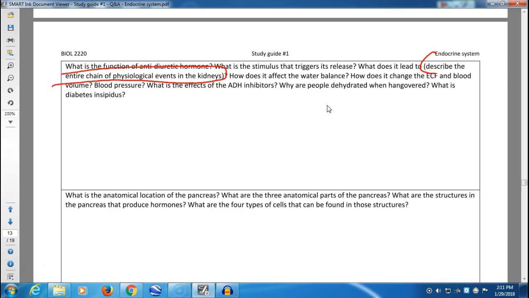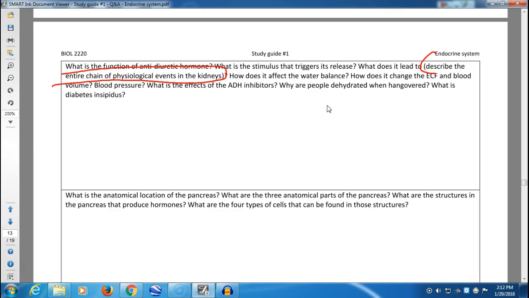The walls of these collecting ducts consist of epithelial cells. When ADH increases, those epithelial cells get way more aquaporins that will channel water from the filtrate through the cells into the kidneys and eventually into the blood.